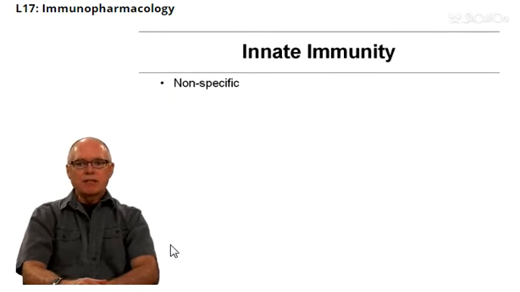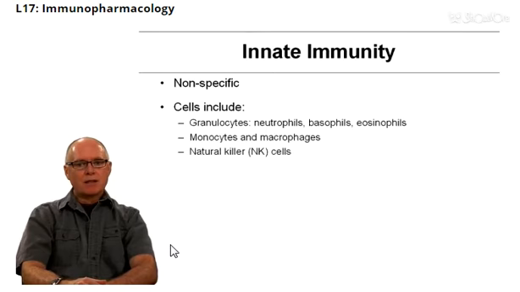The innate immune system provides a rapid defense and recognizes most pathogens, but it's still a nonspecific response. The most common cell types are the granulocytes, which consist mainly of neutrophils, basophils, and eosinophils. Macrophages and monocytes are a major cell type of the innate immune system, as are NK cells, which act at the interface between the innate and the adaptive immune responses.